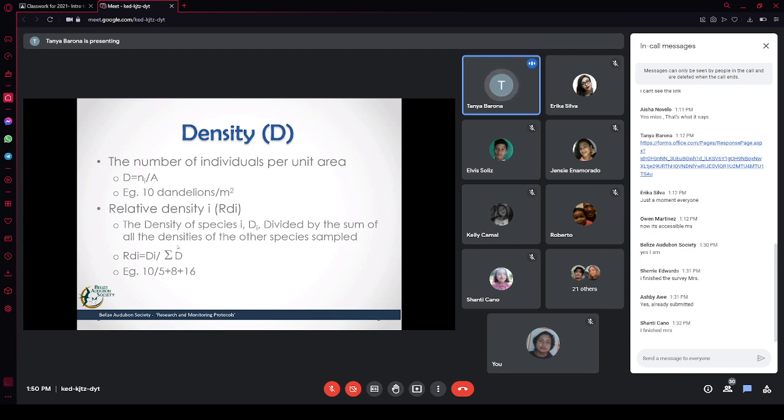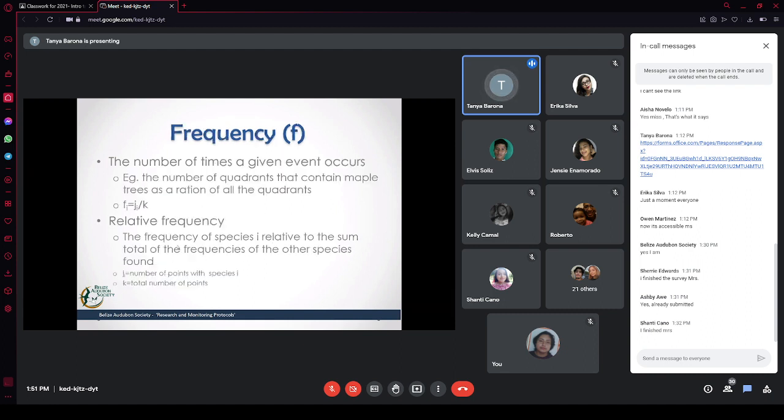So for example, let's say you find 10 brain corals in a 400 square meter area. You're then able to deduce that you could find X amount of brain corals in a hectare. So it gives you a representation of the larger area and a wider understanding of your entire ecosystem. You're able to determine frequency as well.